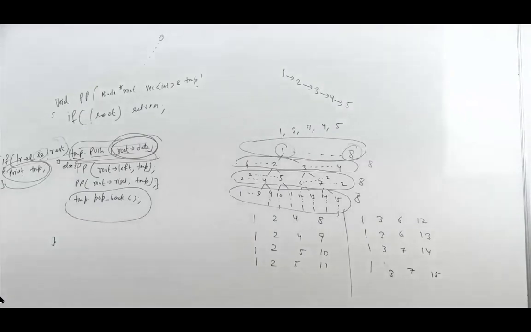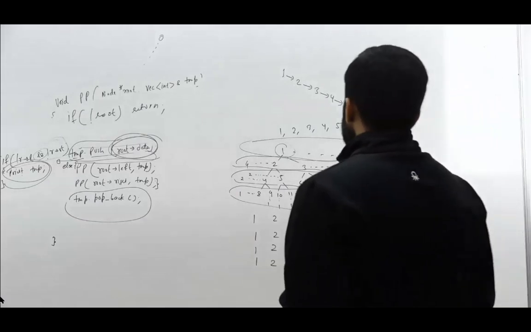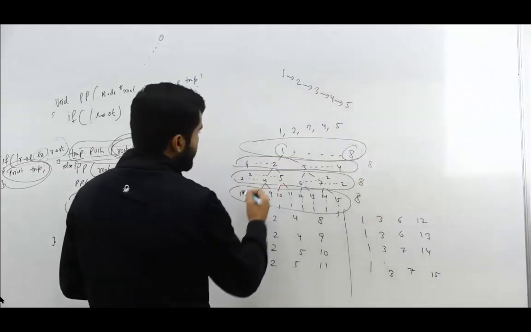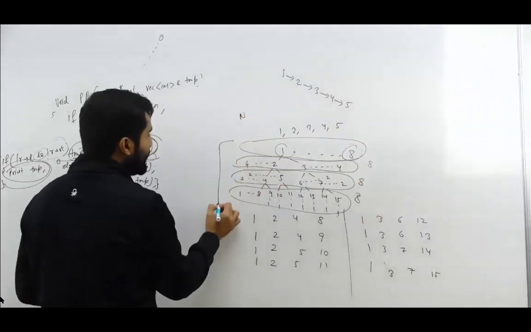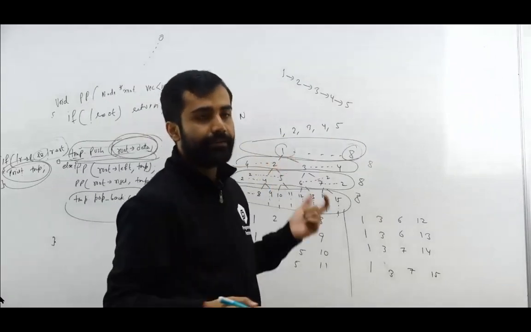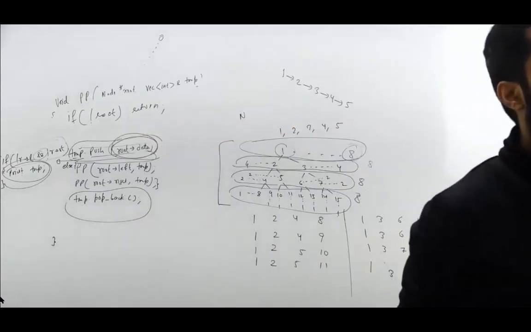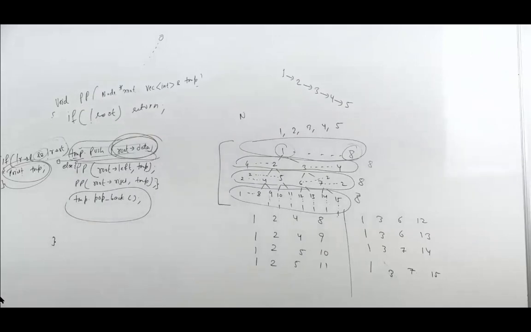Correct? Okay. Now what I can say is that if the tree is perfectly balanced and there are n nodes, then how many levels will there be, or what will be the height? It will be log of n base 2.